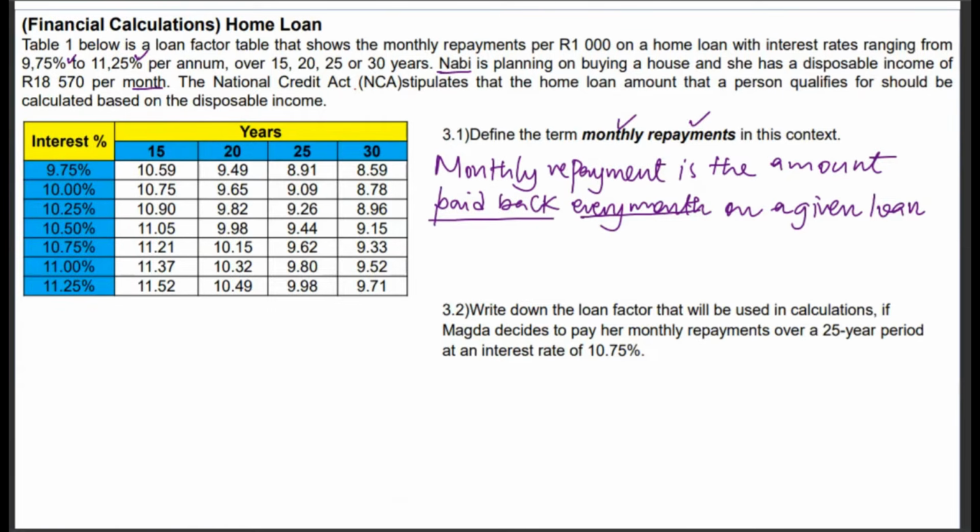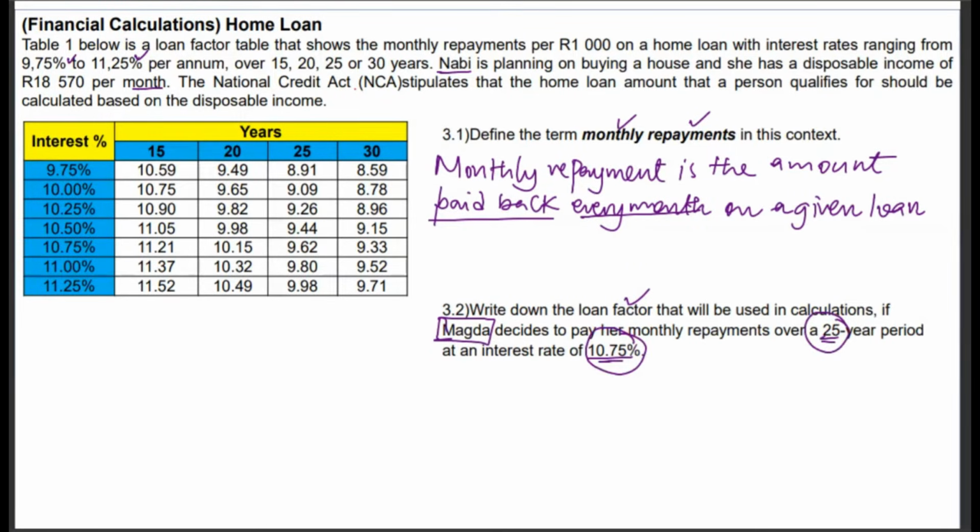Write down the loan factor that will be used in calculations if this person decides to pay monthly repayments over a period of 25 years at an interest rate of 10,75. Remember, I told you the factor is determined by the number of years and the interest rate.